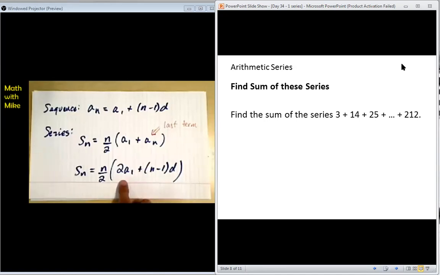He said 2A. Yeah, why is that? A1 is 3, 2A1 is 6. It's true, but notice this first formula has the last term in it, right? Yeah. And in this particular example, yeah, there is a last term given this time. Oh, okay. 12, yeah, right?